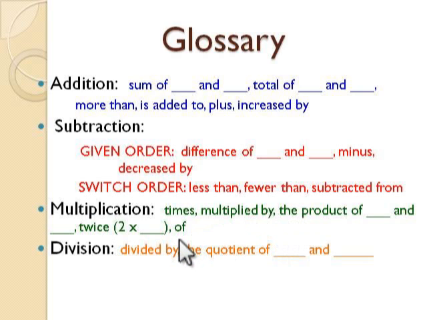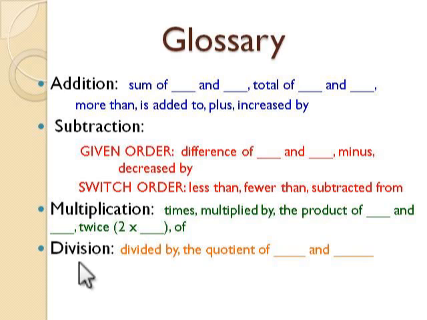T of 5, or 5 of t, would be t times 5, or 5 times t. The only one that's a little bit different here is the word twice. Twice doesn't just mean multiply. It means to multiply it by 2.